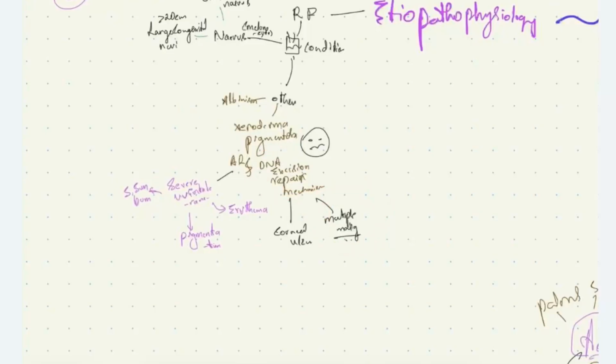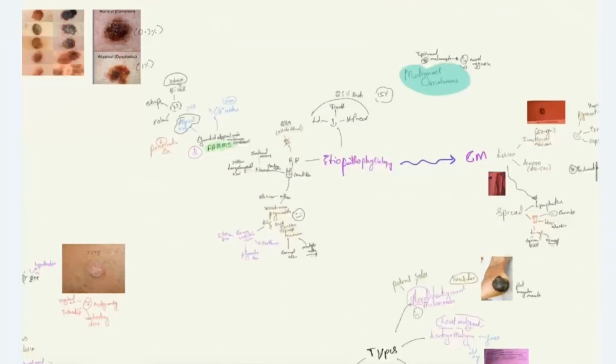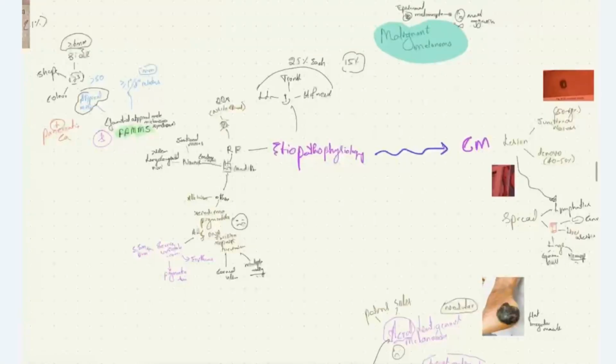Along with malignant melanoma, the patient can develop many other malignancies. This is about the etiopathophysiology of malignant melanoma. There we saw the risk factors: sun exposure, nevus, junctional and large congenital, and FAMMS, and other skin conditions like albinism and xeroderma pigmentosa, leading on to malignant melanoma.